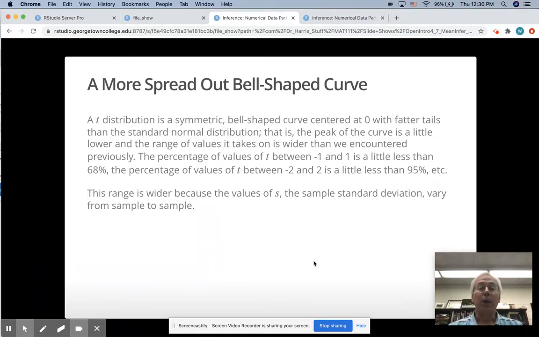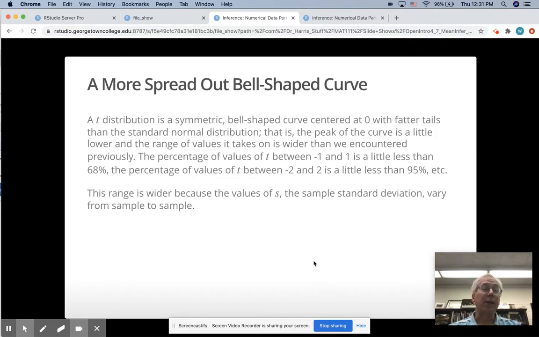And so one implication of that is that the percentage of times that a T distribution will take on a value between -1 and 1 is going to be a little bit less than 68%. Here, a value of T being basically a T-score, how many standard errors the observation is away from the center. And so our T distributions are going to be centered at 0.